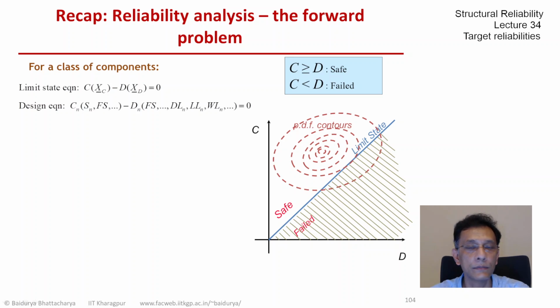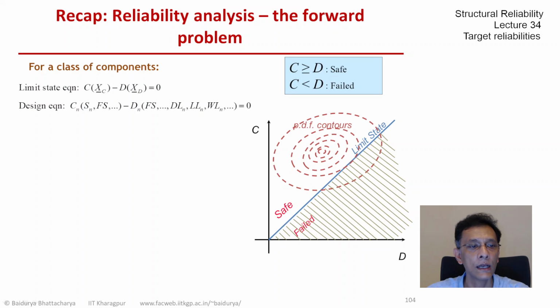So the design equation is some nominal capacity, which could be factored or unfactored, which could have a factor of safety in it or might not have. From that we subtract the nominal demand, which is a function of the nominal loads and one or more factors of safety. Typically, in ASD based design, which actually checks for yield, we might have just one factor of safety in the entire design equation.